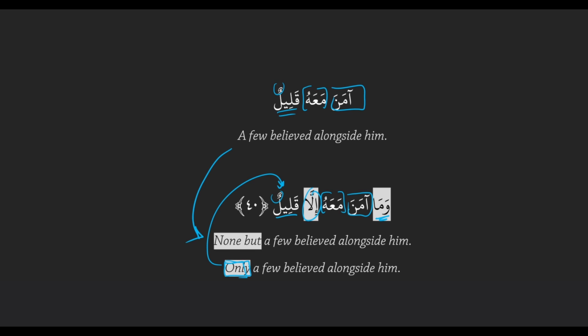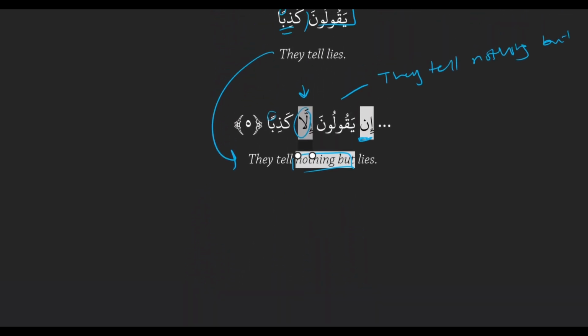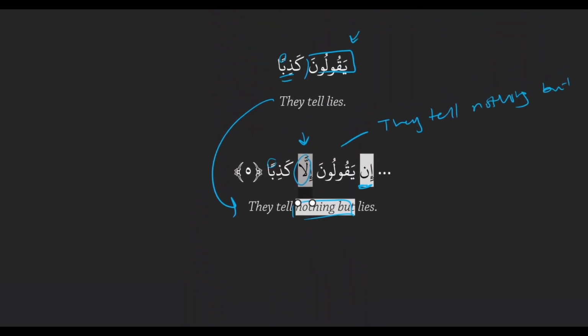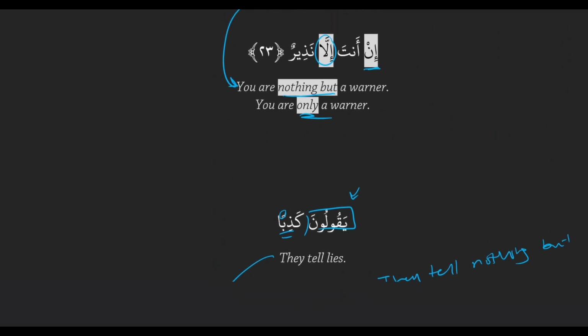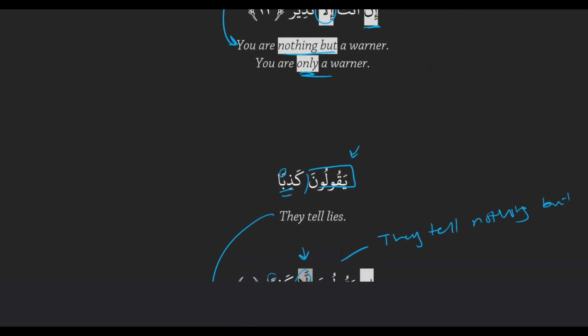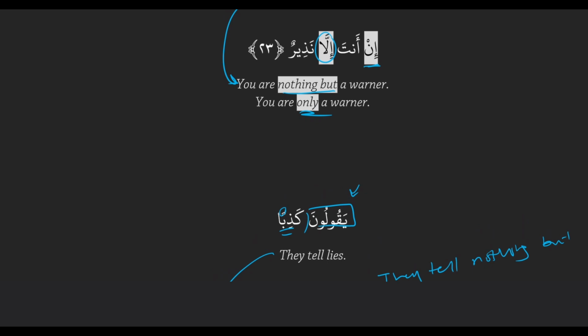But within, for in anta illa nadhir or in yaquluna illa kadhiba, where's the consequence? Because in is a conditional word, right? No. Here, when in and illa come together, it's not conditional. If you see in plus illa, that's completely different than just plain in. So in by itself is conditional, but in plus illa is a set template.